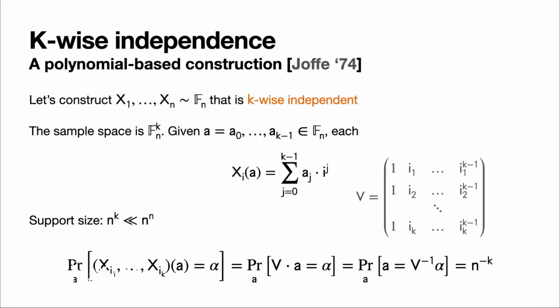So the probability is over A, and I want to show, say I'm given i1, i2, and i3. Okay, let's do it for k equals 3.